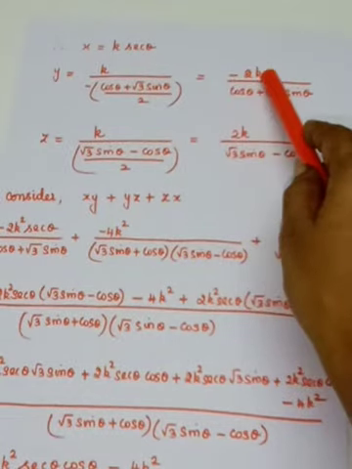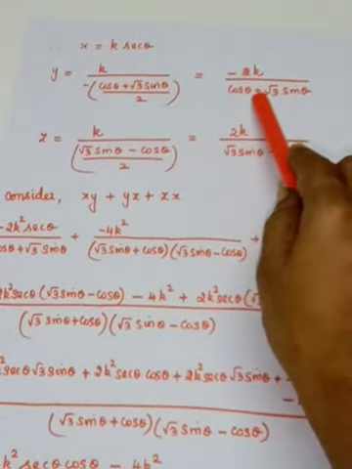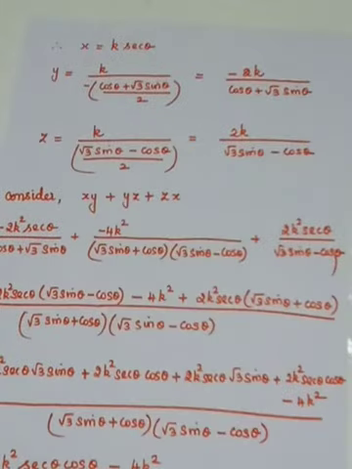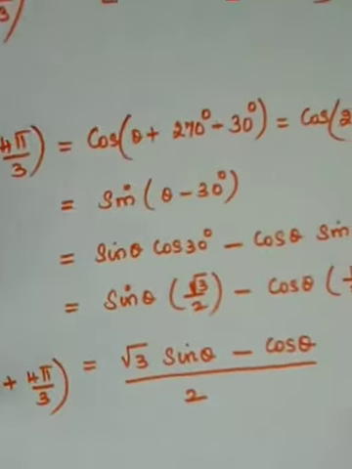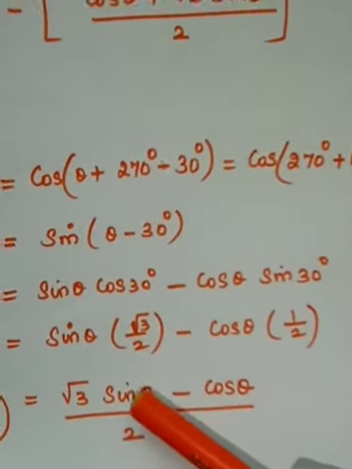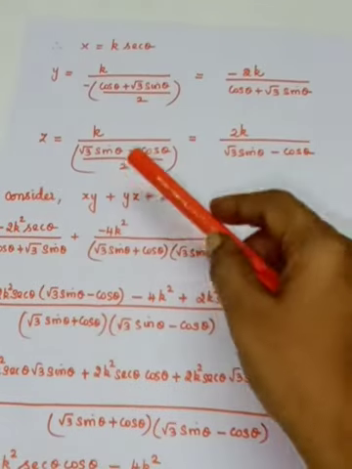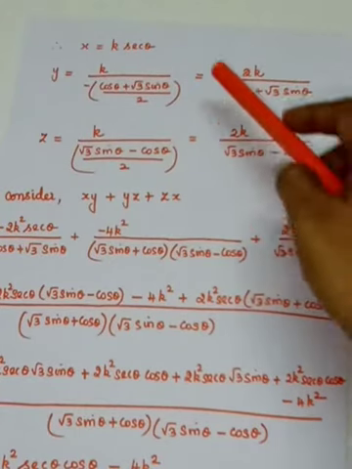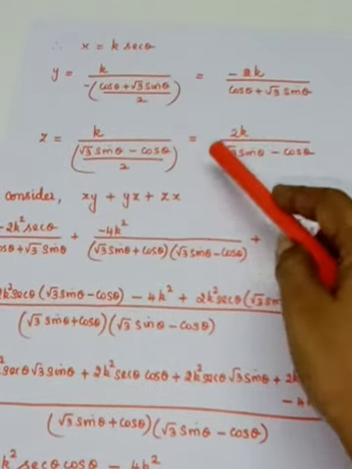So minus 2k divided by cos theta plus root 3 sin theta. And z is k divided by cos of theta plus 4 pi by 3. What is cos of theta plus 4 pi by 3? It is root 3 sin theta minus cos theta by 2. So that value is substituted here, and this 2 will go to the numerator. So we have found x, y, and z.